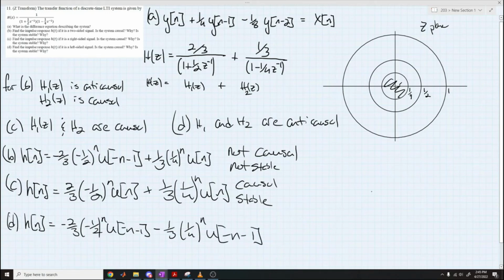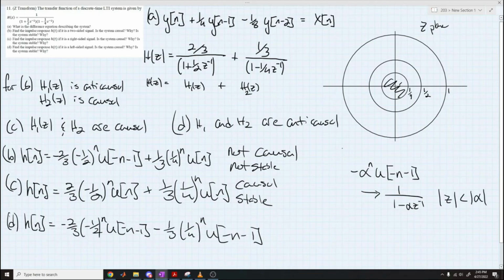On the table, it's table 10.2. If we have a signal minus alpha to the n, u of -n minus 1, then that gives us a z transform of 1 over 1 minus alpha z to the -1, and that has a region of convergence where the magnitude of z is less than the magnitude of alpha.